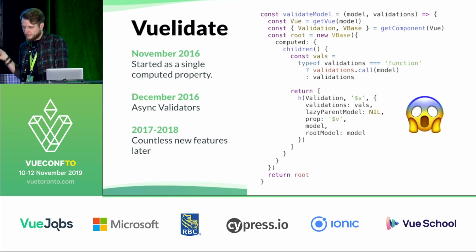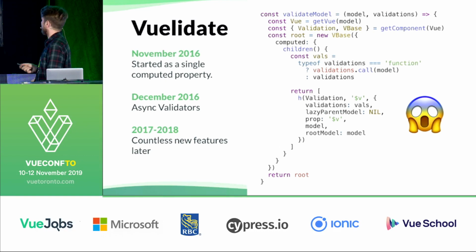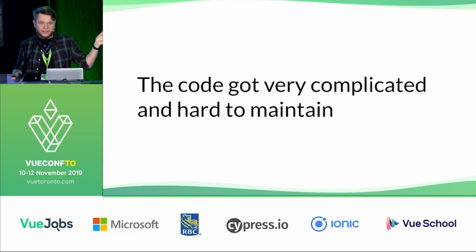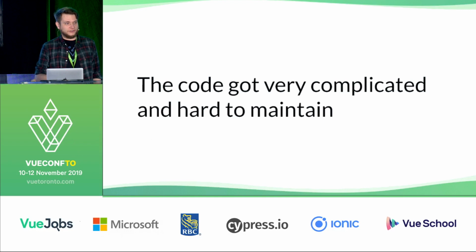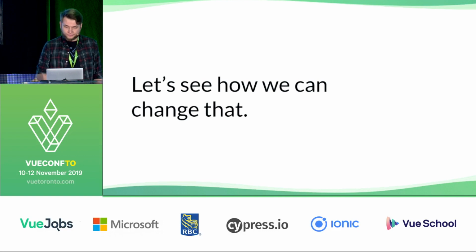So this fixed it, but also introduced the whole virtual DOM diffing algorithm into the library, which is, I mean, kind of an overkill. Won't you agree? I do agree with myself on this. So the code got very complicated, hard to maintain, and probably that's why it's on a very slow release schedule, I guess. But let's see whether we can change that.